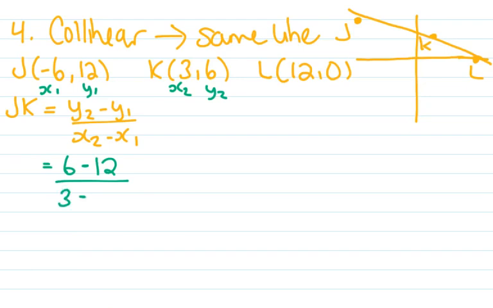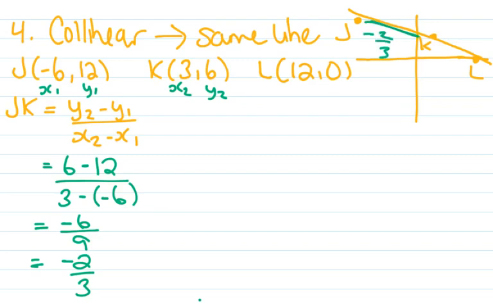X2 is 3 minus x1, which is -6. Don't forget to do that minus negative. Okay, 6 minus 12 is -6. 3 minus -6 is the same as 3 plus 6, which is 9. So now I have -6/9, which is the same as -2/3. All right, so I know the slope of JK is -2/3.